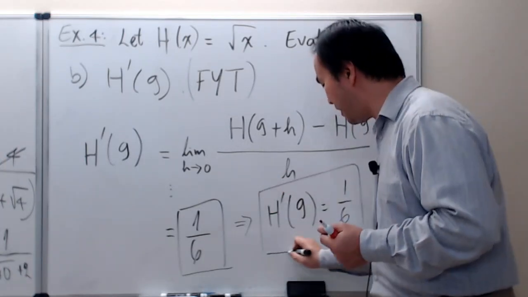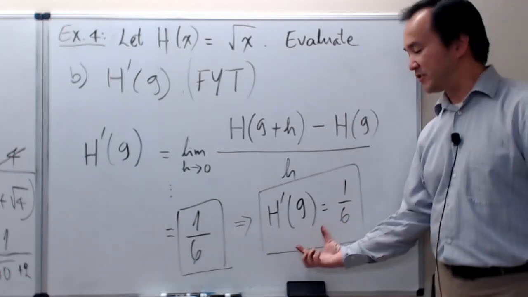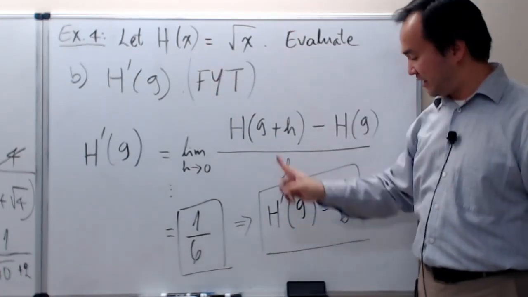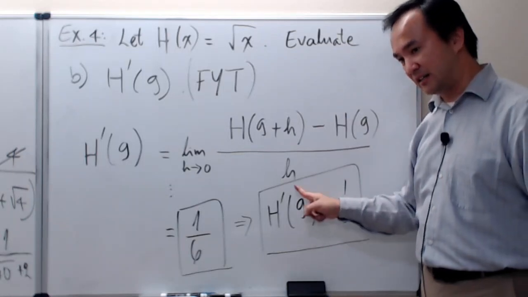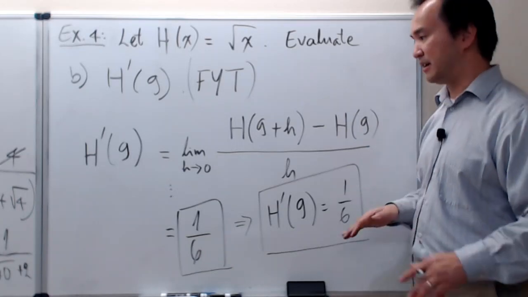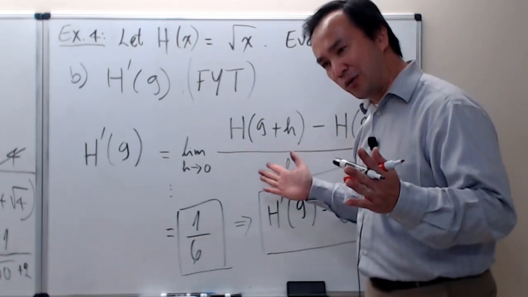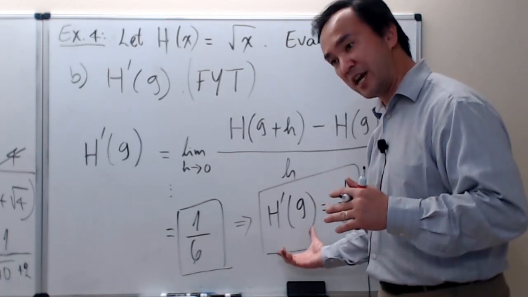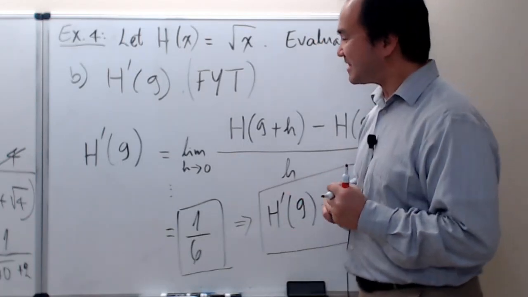We can put it in a box. And this once again represents, if our function H of x here has some kind of graph, then at x equals 9, the slope of the tangent line here equals 1/6. Okay, and I keep changing my words in terms of how I explain, but in the end it's all about the slope of the tangent line. Okay. All right.